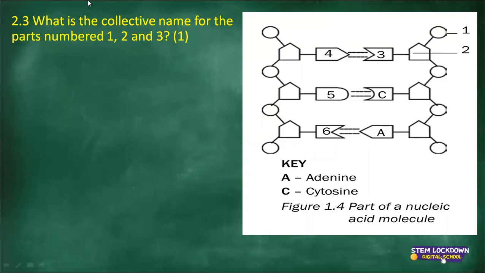Okay, 2.3. All right, so let's send your answers through for 2.3. 2.3 says, what is the collective name for the numbers? A DNA strand.